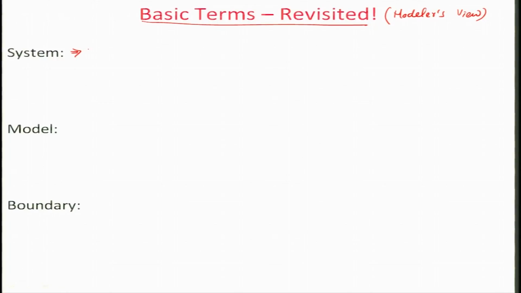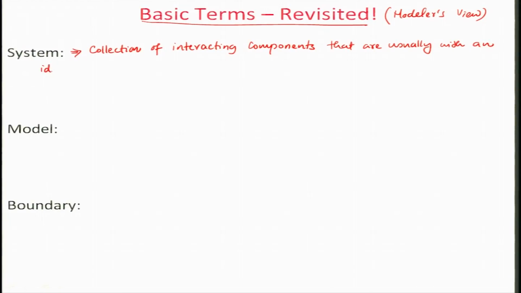So, from a modeler's viewpoint, a system is a collection of interacting components that are usually with an identifiable function or purpose.